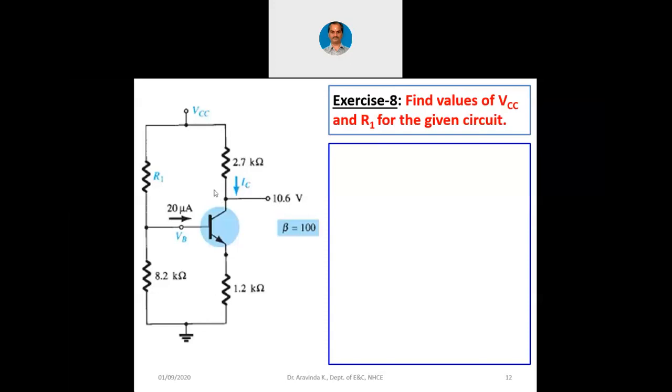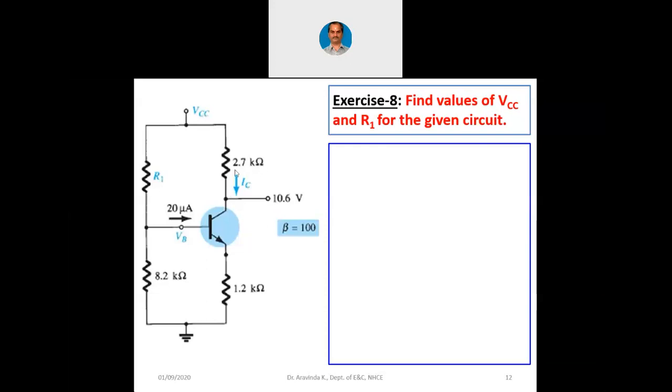The drop across RC plus this 10.6 volts is nothing but VCC, because the voltage at the collector with respect to ground is given, the supply voltage is not given, and in between there is only this series collector resistor. So when we find the collector current, we can find the voltage drop across the collector resistor, and we can find the value of VCC.